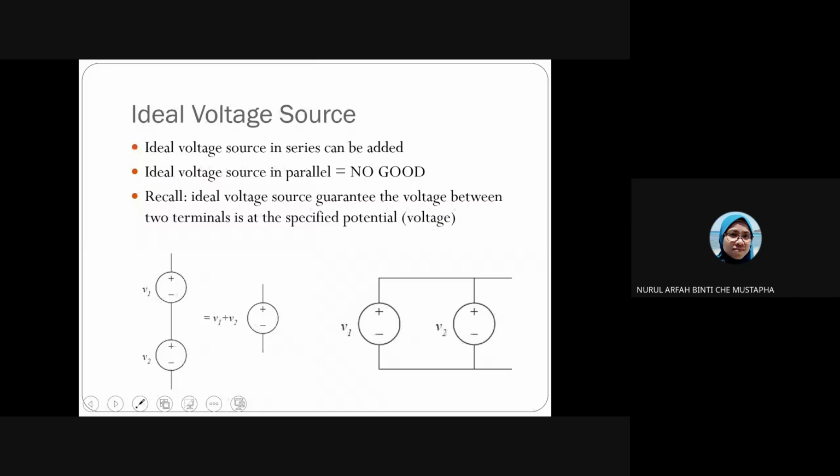Okay, this 5 volt will have a plus minus 0.1, and maybe this one, 5 volt, has plus minus 0.01. So this is actually a trouble.